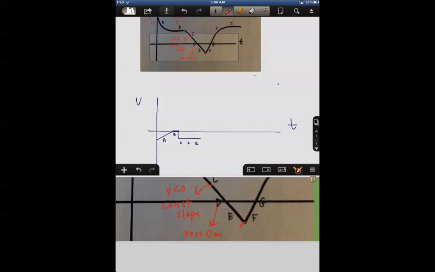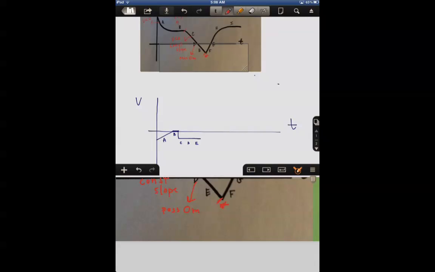Now, something interesting happens here at this point. I should have labeled it. I didn't give it a letter. What's happening here is we're going from positive to negative velocity. So the sign of the velocity changes, because the sign of the slope changes.